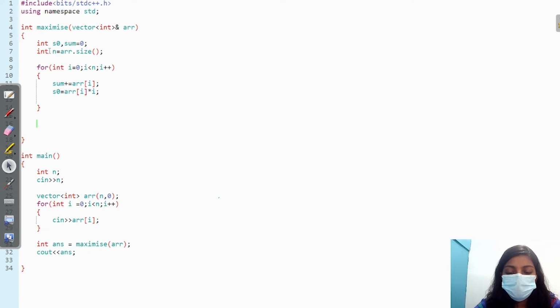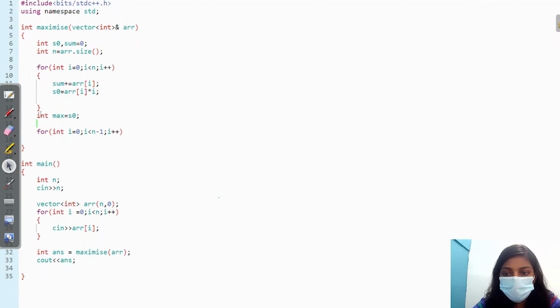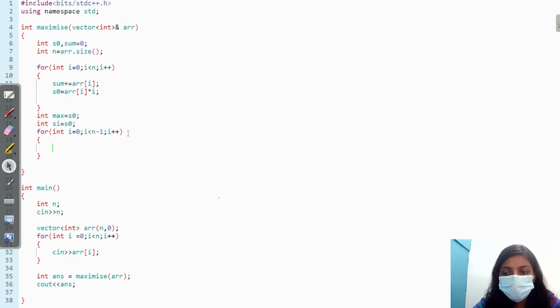Now we have a formula, so we'll be starting from int I is equal to 0, I should be less than n minus 1, I plus plus, and again I have int max, let's suppose initially max is equal to S of 0, and int S of I is equal to initially S of 0. Now let's make a variable for S of I plus 1.